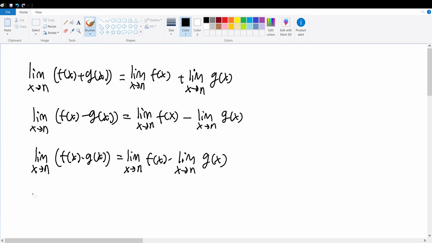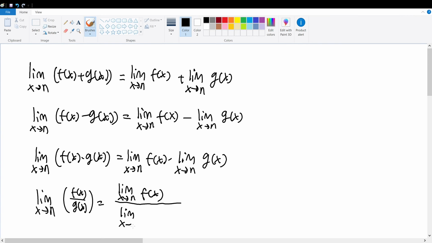And now moving on to division. The limit when x approaches n of the division of two functions represented by f of x and g of x will be equal to, if we penetrate the limit into our ratio, the limit when x goes to n of f of x divided by the limit when x goes to n of our second function g of x.